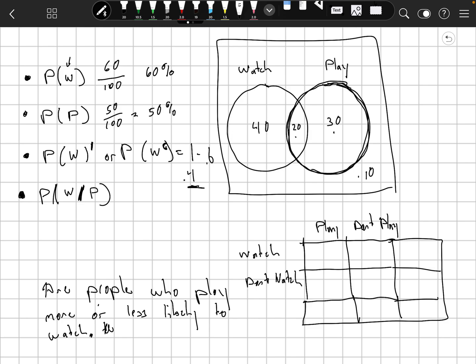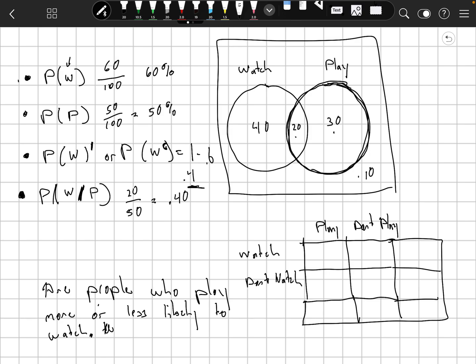Well, that's 20 out of 50. So 20 out of 50 is the probability of people who watched given they played. Let's convert that to a percent so it's easy to compare. That's going to be 40%.